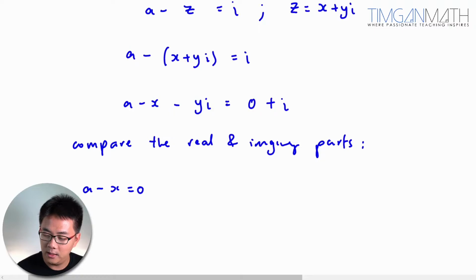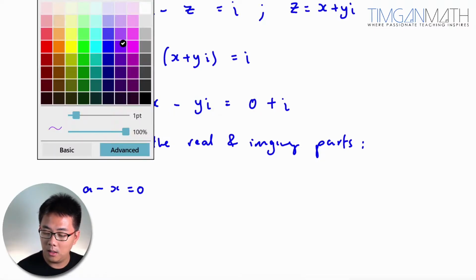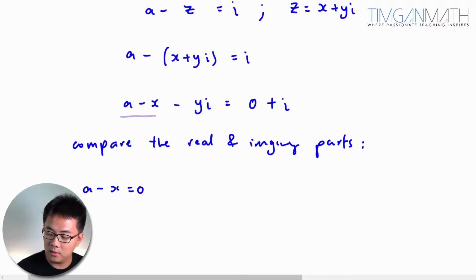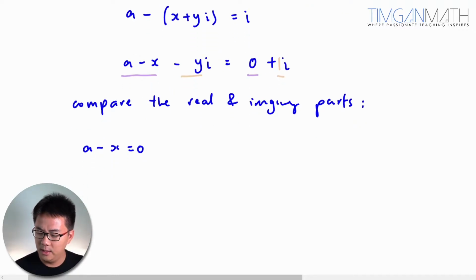So this part here, let me show you, is equal to this one over here. And then you have minus y equals 1. So once you get that, y is equal to minus 1. All right, so that's okay.